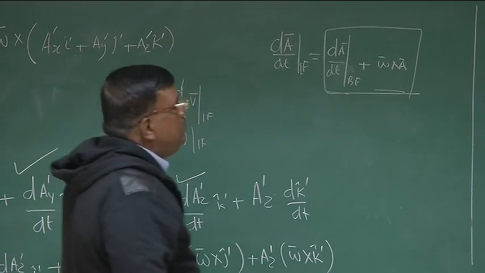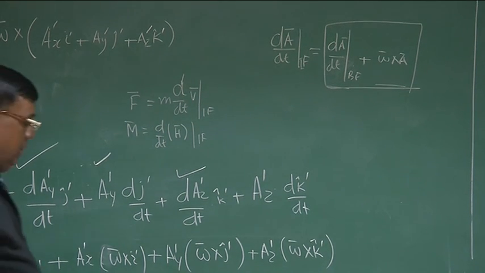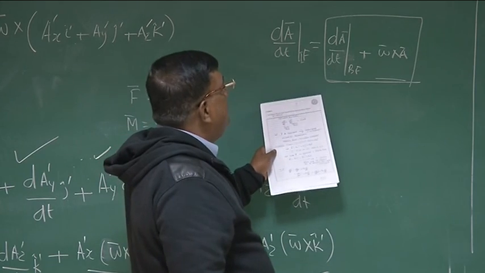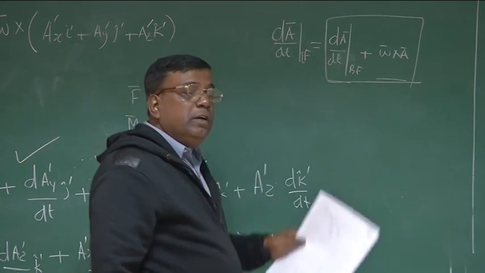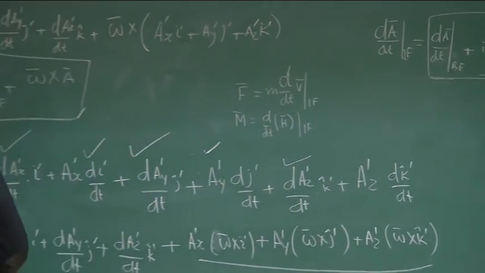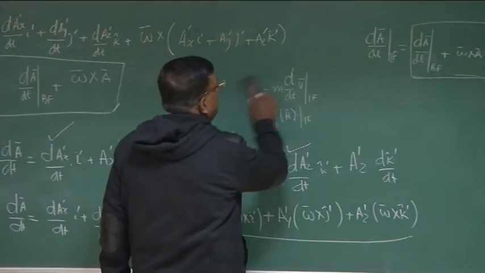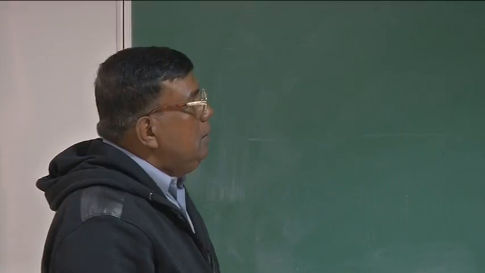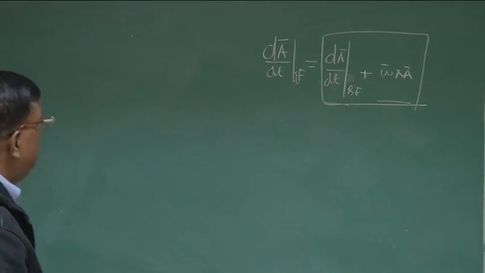That is the way we work in the body frame, and at the same time we do not violate the condition for Newton's law that it should be with respect to the inertial frame. So now with this understanding, we will complete the first part of the derivation of the equation of motion.